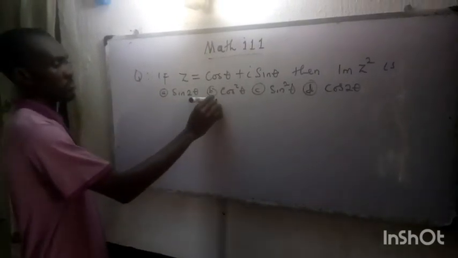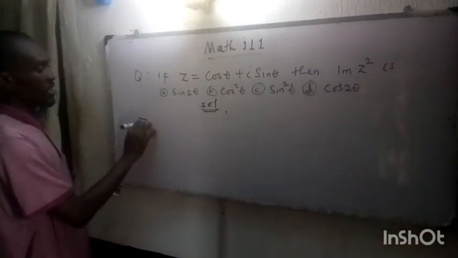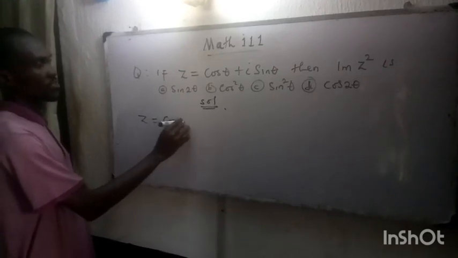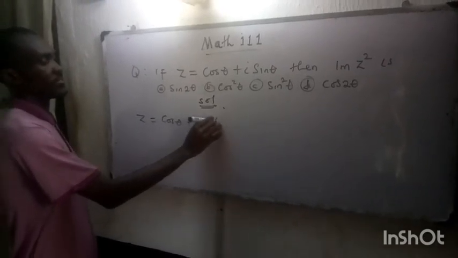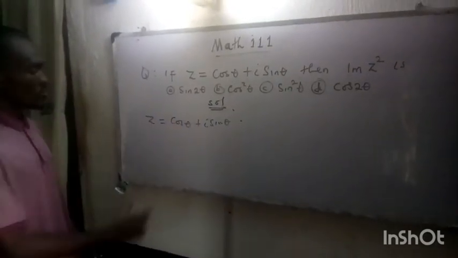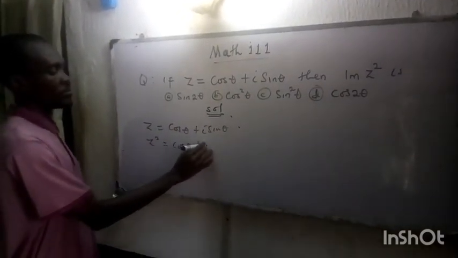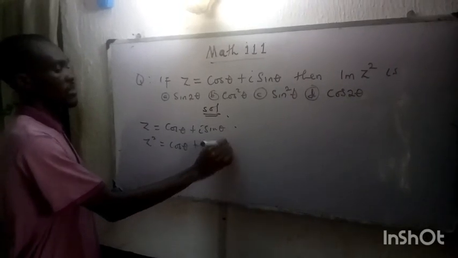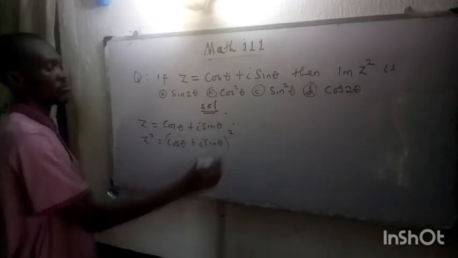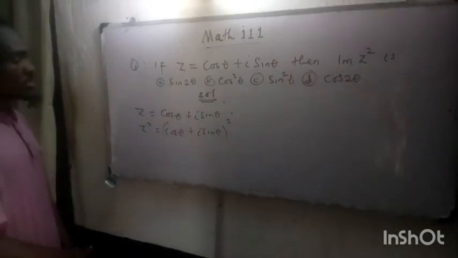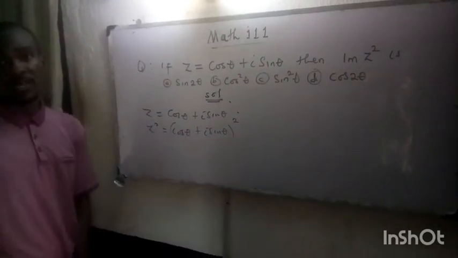So z is cos theta plus i sin theta. So z squared is cos theta plus i sin theta all squared. So how do we go about it? This is just expansion.